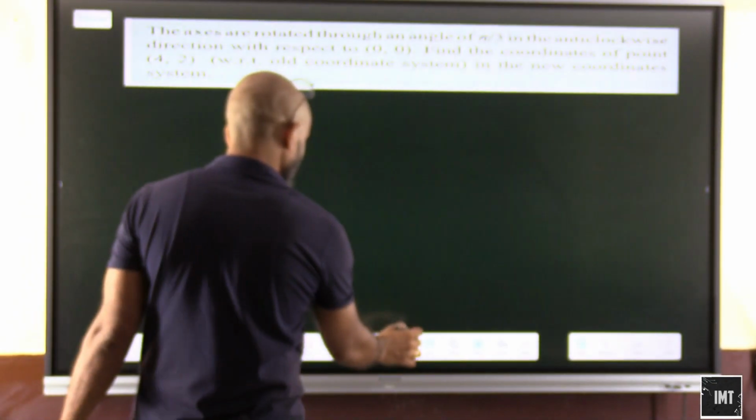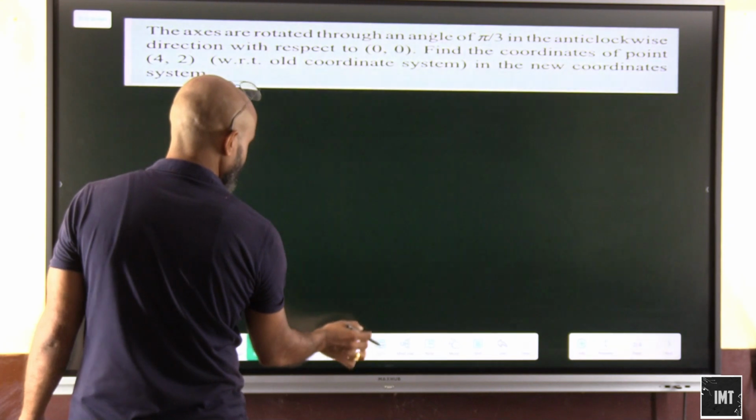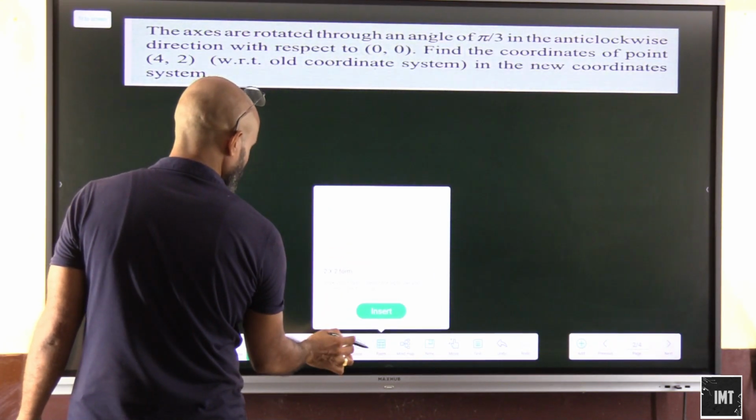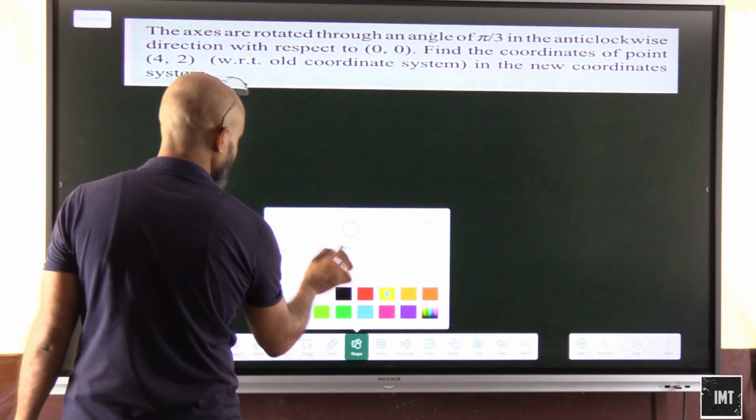So here again we will just plot the Punnett square. It will look something like this.